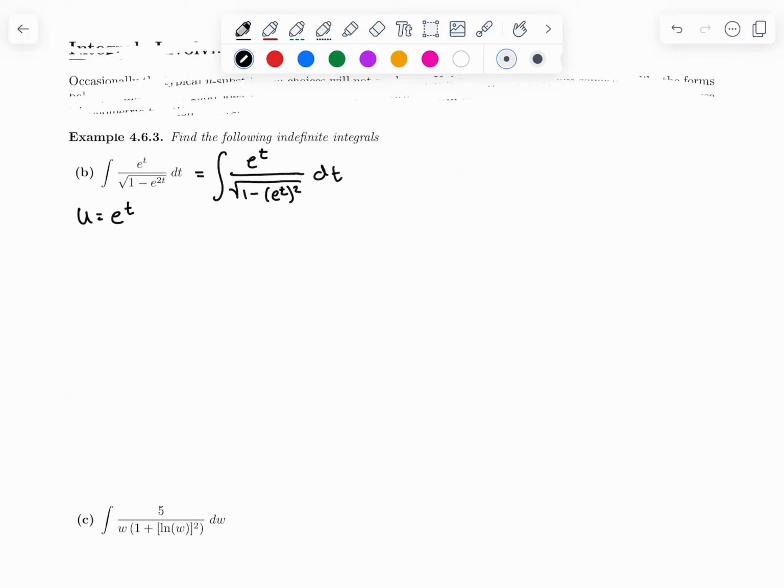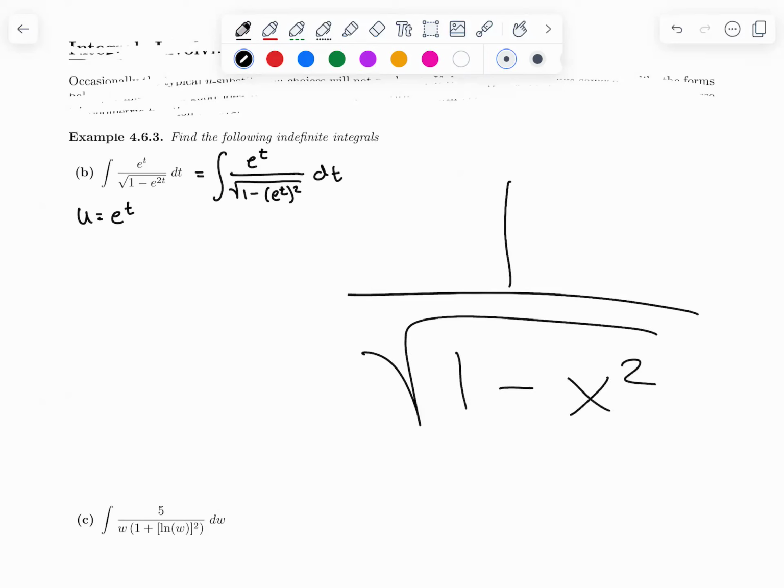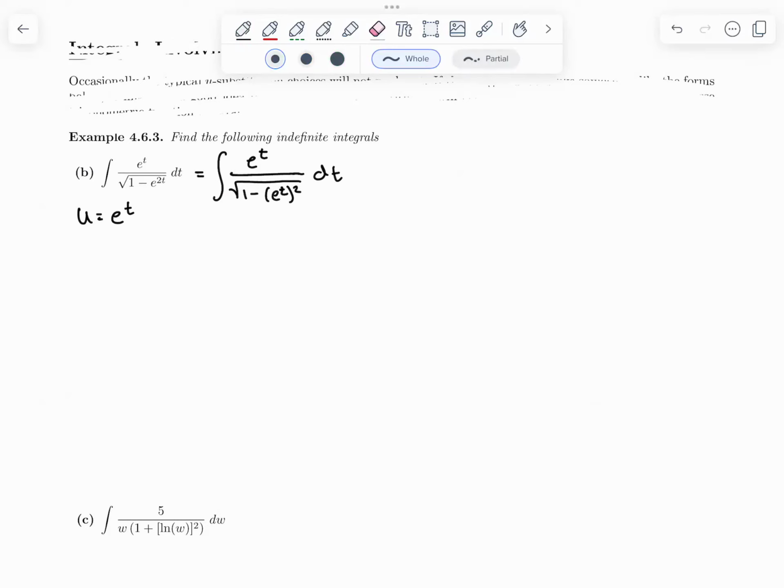There's an integral that we've seen that looks like that in the denominator. You guys remember that? That's sine inverse. So this ends up being an inverse trig function. So we make u equal to e to the t, then du is equal to e to the t dt. So dt is equal to 1 over e to the t du.